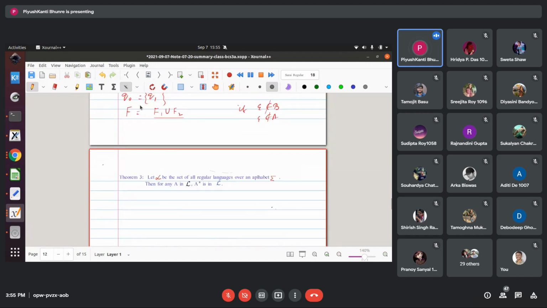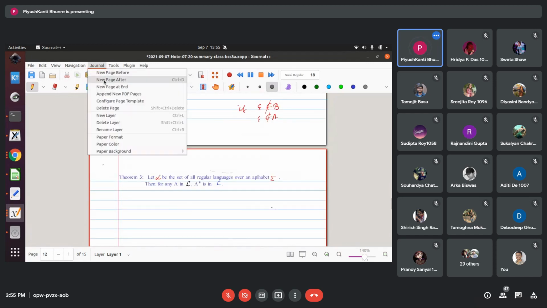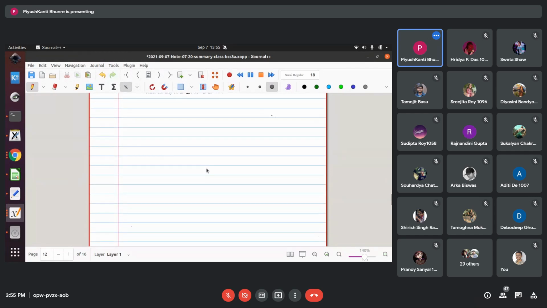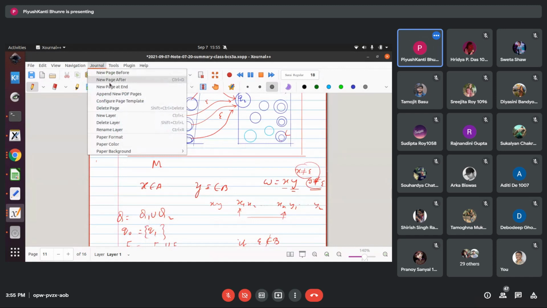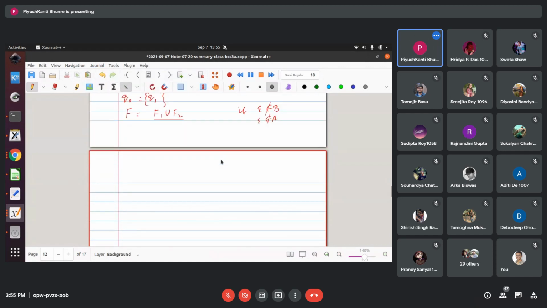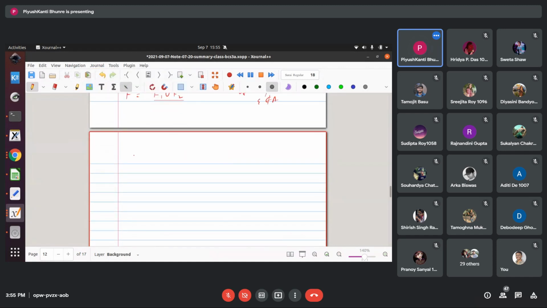And delta, we then define delta. We define delta RA equal to delta 1 RA if R belongs to Q1 minus F1.